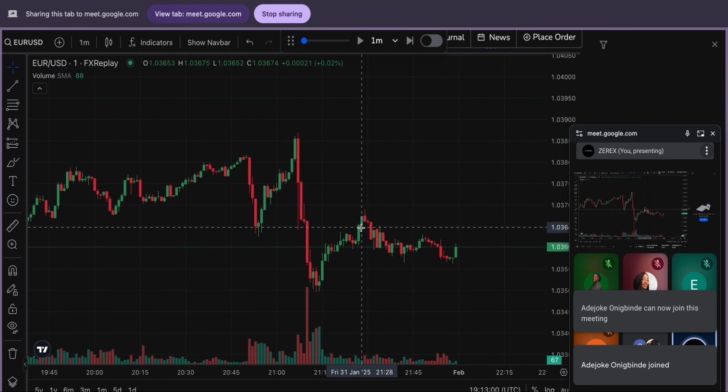So what do I mean by break structure? If you remember, I talked about the market doing something like this, then like this, then like this, to show bullish momentum.